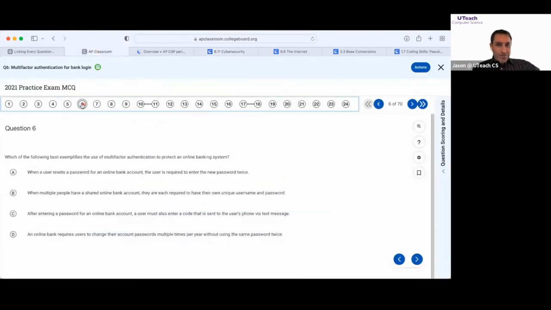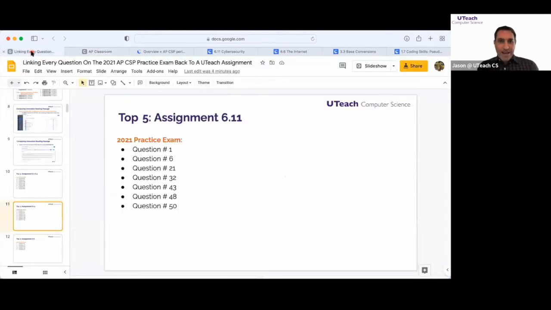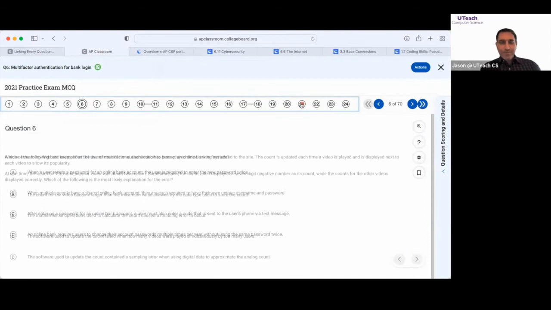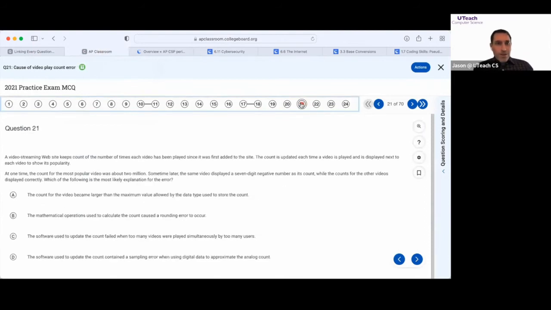Question 6, multi-factor authentication. I just told you about that and showed you that in the assignment. 21 and 32. Okay, 21. This one over here is talking about video counts. What's the most likely reason for this error?